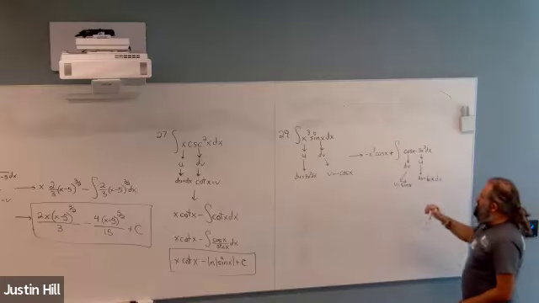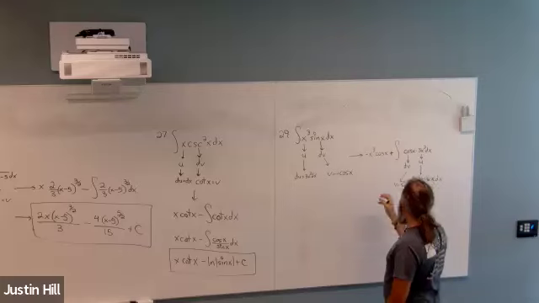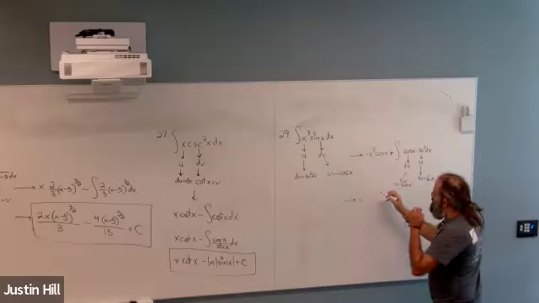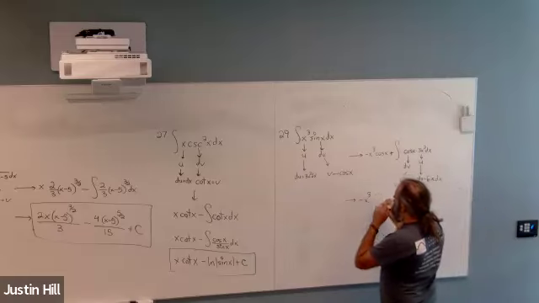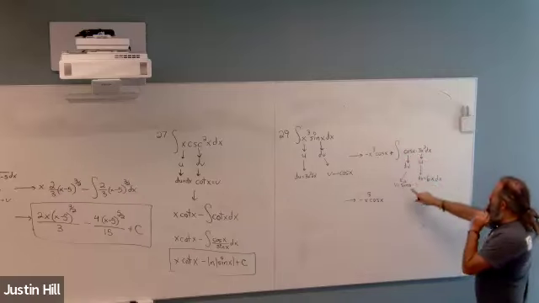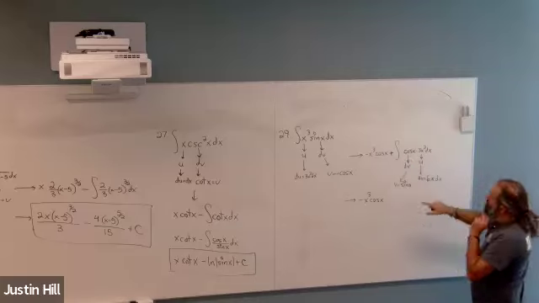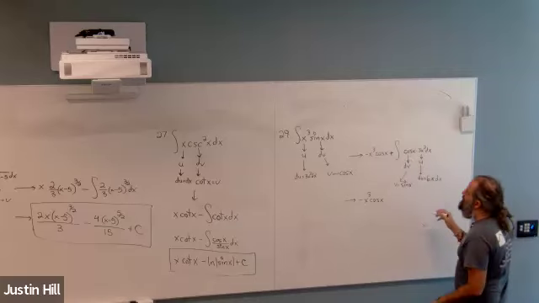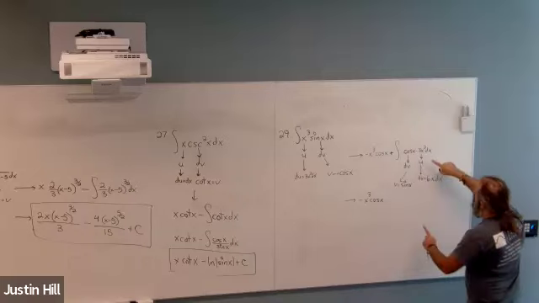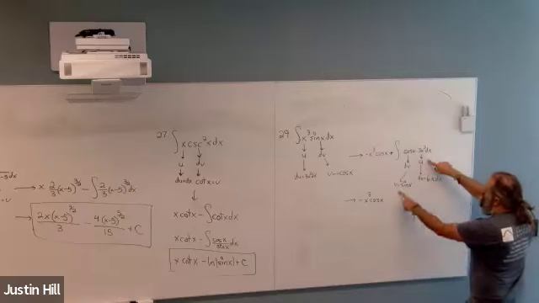So now let's put these pieces together. So I still have this negative x cubed cosine x. That is still there. But now when I do the integral of this, I have to rewrite this as integration by parts. So that is going to be u times v.